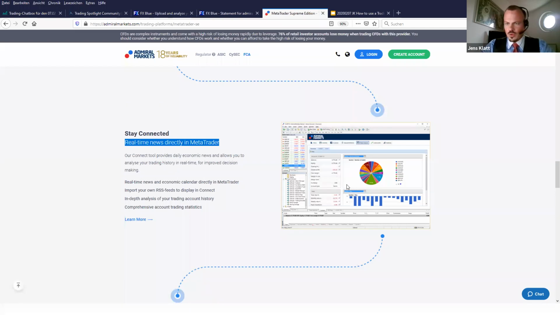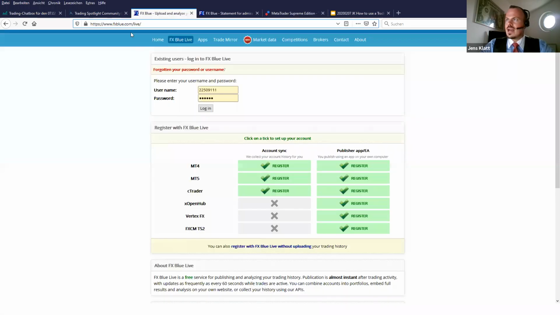Now this is already a great tool, but you can even go a step further here, and how you do that is what I want to introduce to you. It's FXBlue.com.